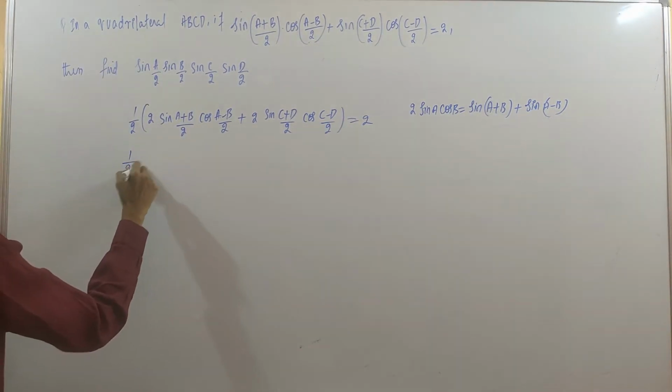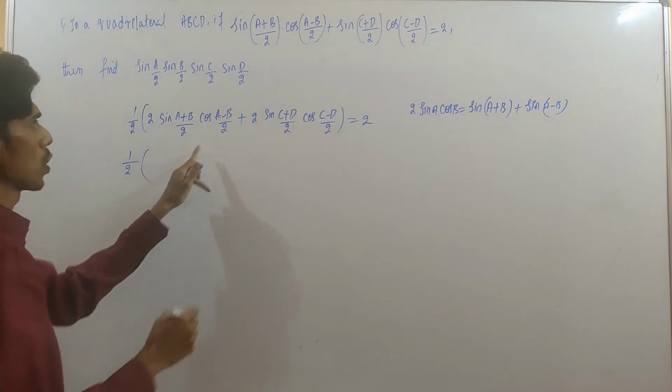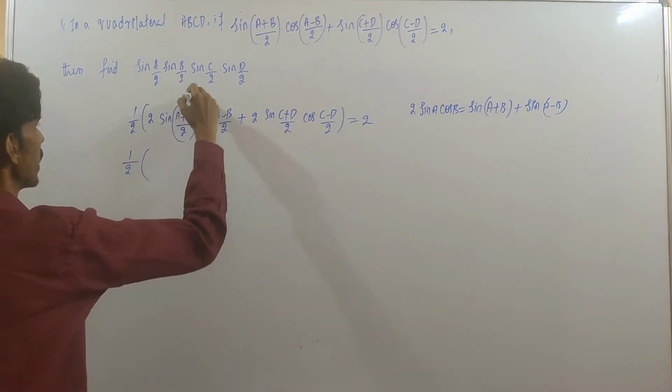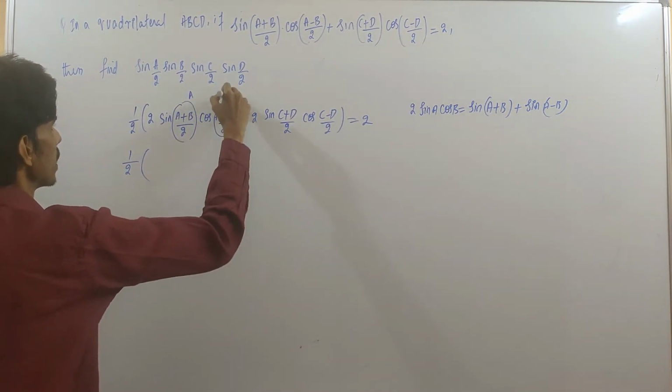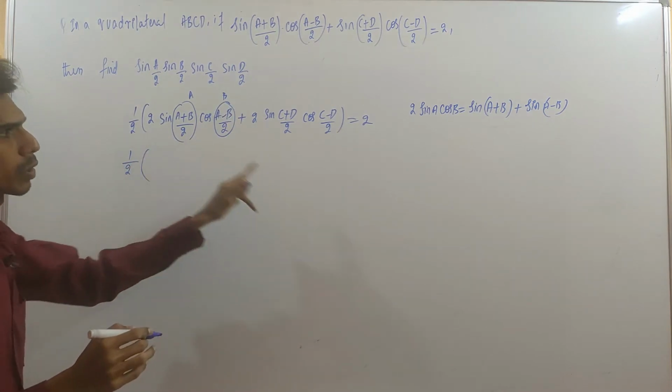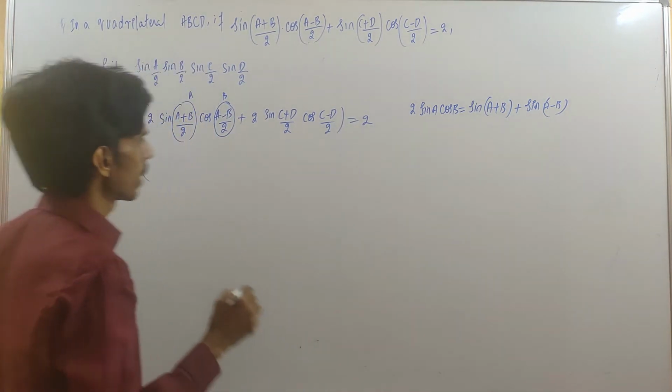This can be written as 1 by 2 into 2 sin A cos B. Treat this term as A, this term as B. So 2 sin A cos B value is sin (A plus B) plus sin (A minus B).